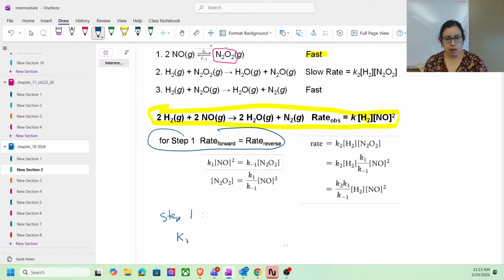That's where we get our k1 times NO times NO, which gives us NO squared, is equal to the reverse reaction, which we'll define, since this is our first reaction, as k negative 1 for the reverse direction. And so that's equal to k negative 1 times N2O2.